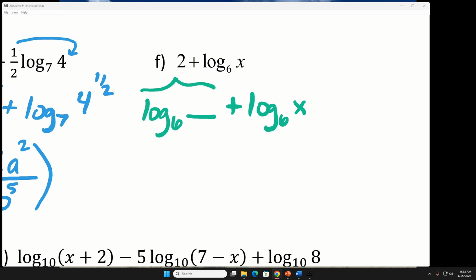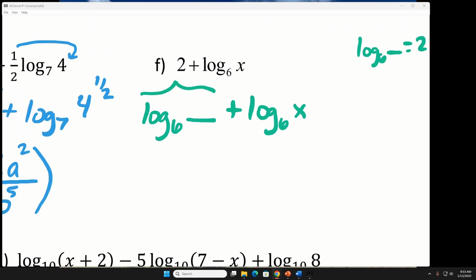All right, so we want log base 6 of something to equal 2. So what do you guys think? Anybody have an idea? It's 36. So it would be 6 to the 2 equals that something, which is 36. So 2 is equal to log base 6 of 36.